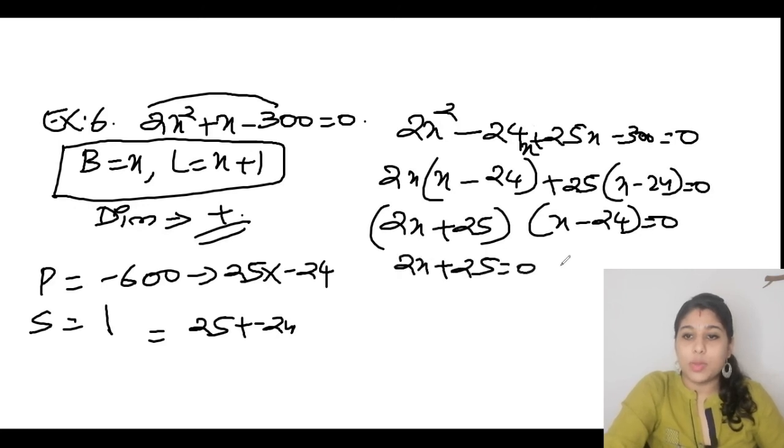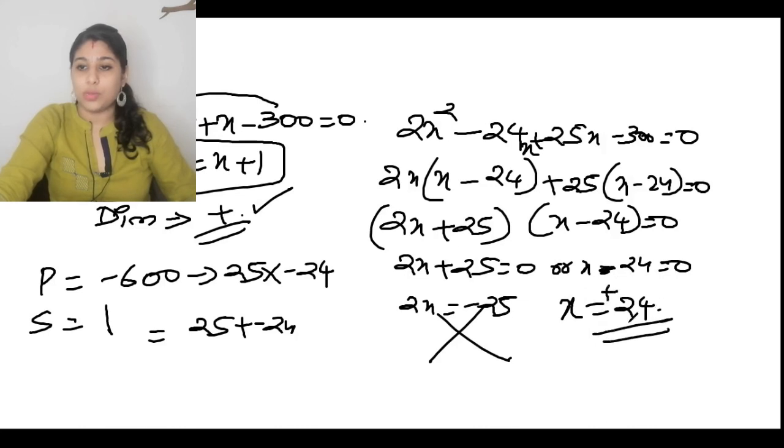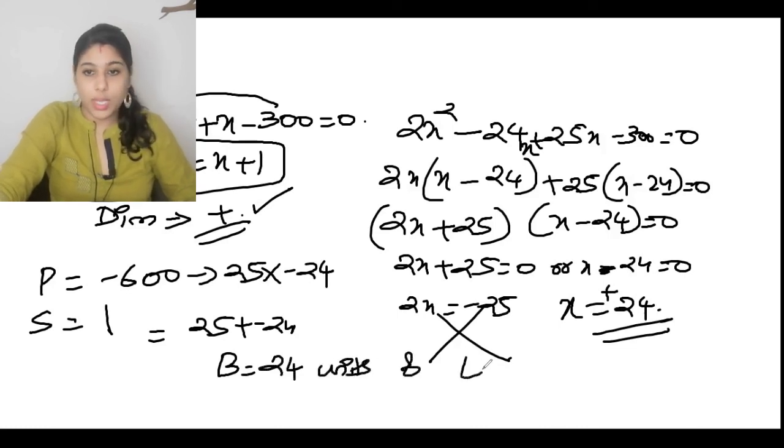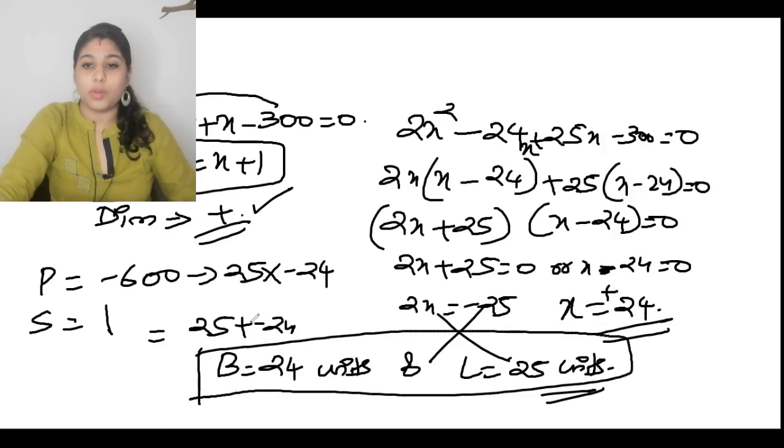So 2x plus 25 should be 0, or x minus 24 should be 0. 2x plus 25 means 2x is equal to minus 25, which we don't consider as it is a dimension, and we consider positive values only. x minus 24 is equal to 0 means x will be 24, the positive value. So the breadth will be 24 units and the length will be x plus 1, that is 25 units.